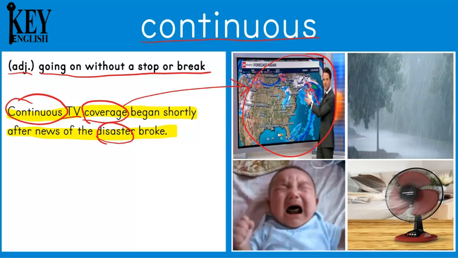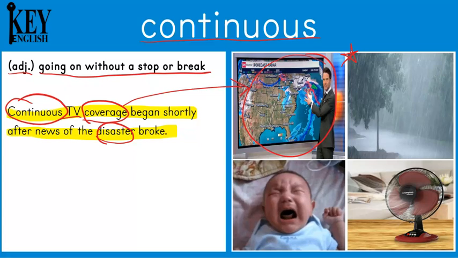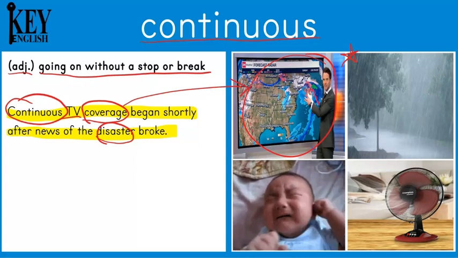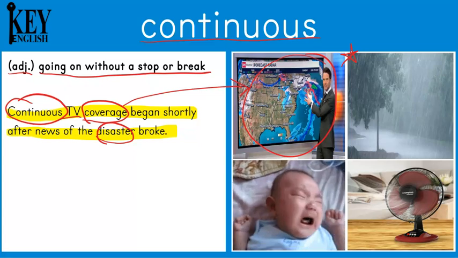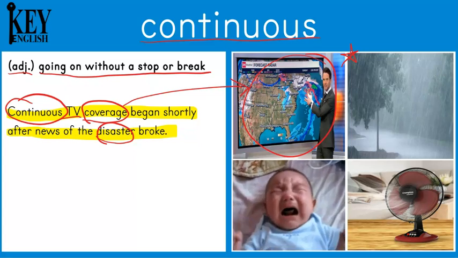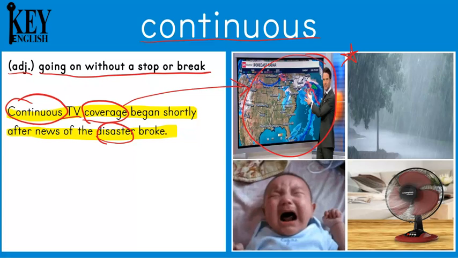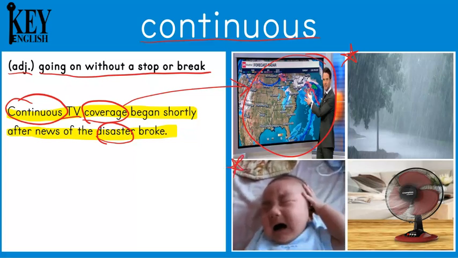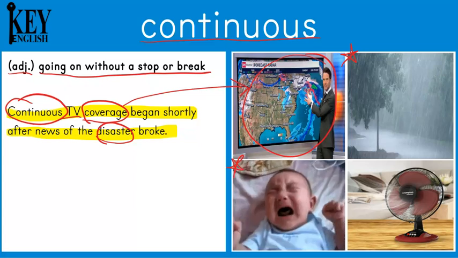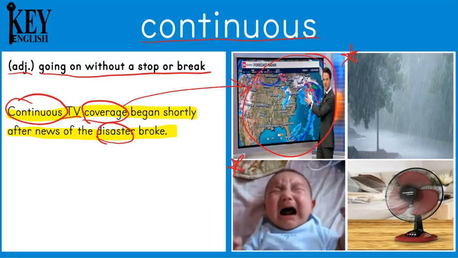You can also use this word for something like a heavy rainstorm. You can say the continuous rain soaked the ground. So the rain kept falling down, it didn't stop, and there were no breaks. I could also say the baby made a continuous crying sound. So the baby just kept crying without stopping.